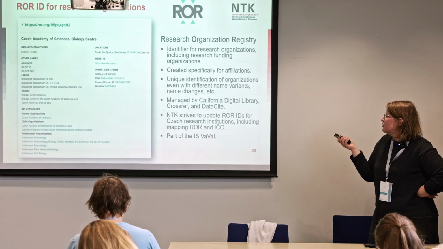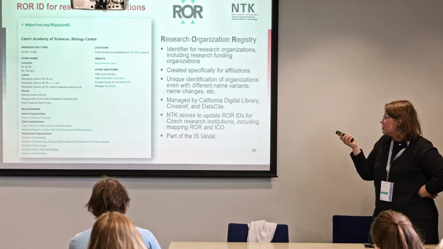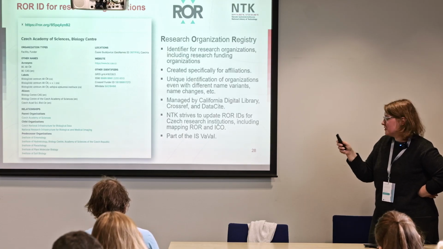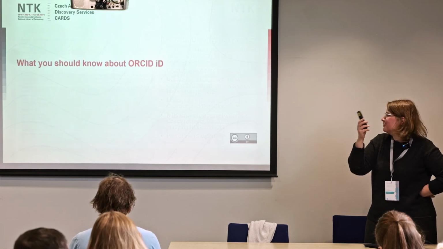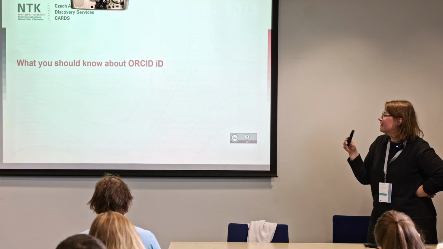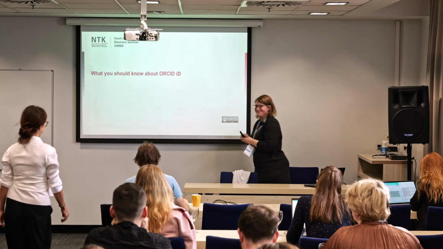So once again, the ROR is fairly straightforward. It is possible that you might encounter it at some point. So this is what it is. It's very simple. And with that, I'm going to hand over to Hana, and she's going to tell you more about ORCID ID and how to use ORCID as a researcher.